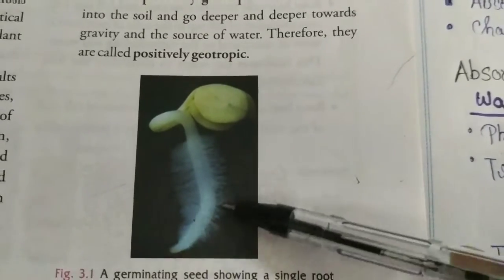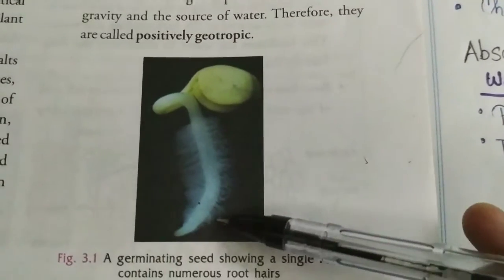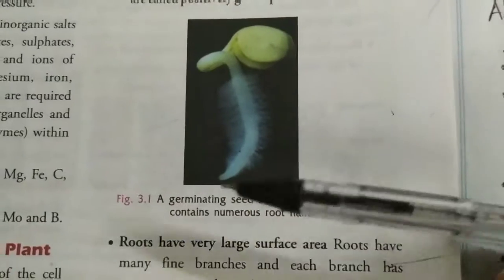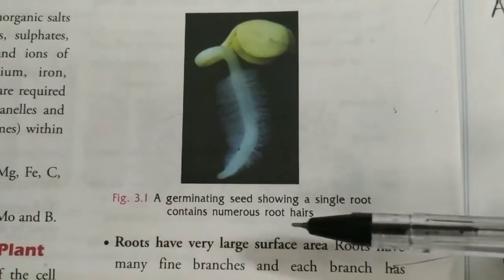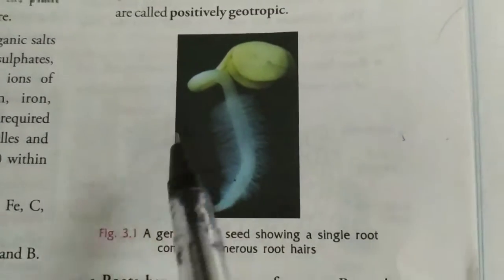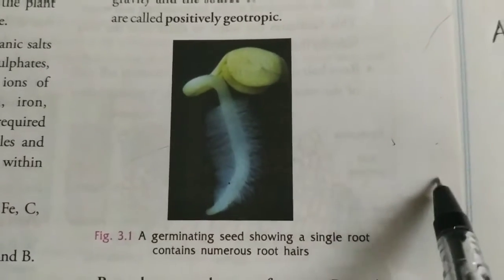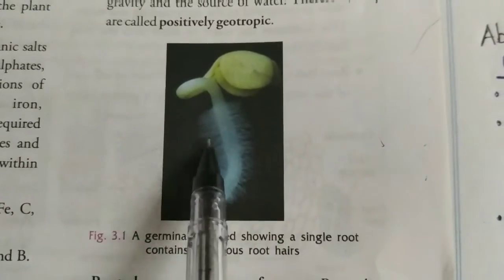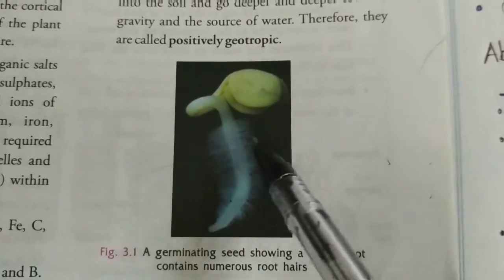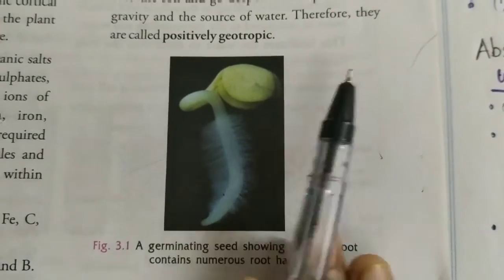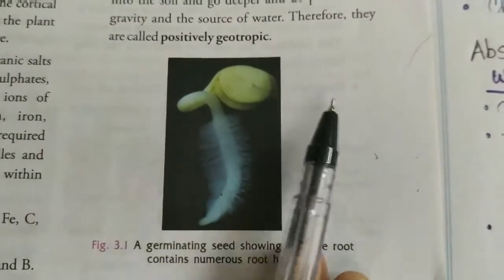Moving on to the next point, roots have a very large surface area. That means root hairs are expanded in such a way that they can absorb a maximum amount of water, minerals and ions.